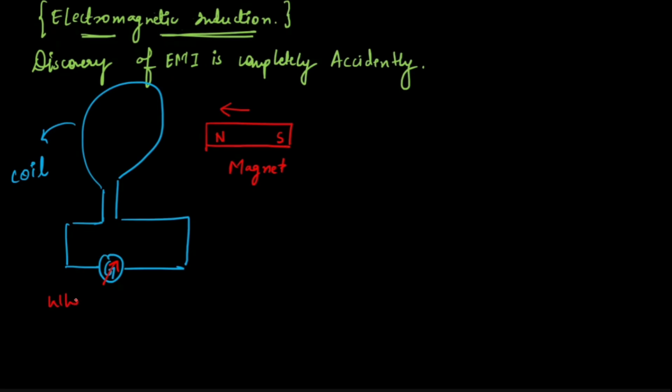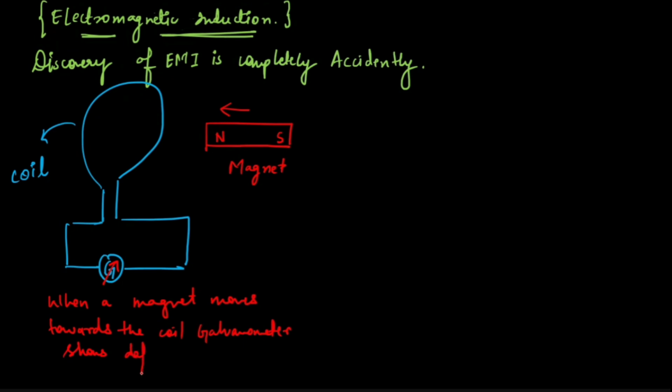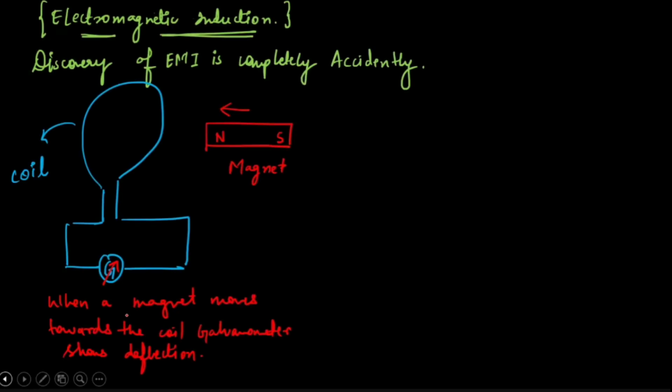When a magnet moves towards the coil, the galvanometer shows deflection, which is evident to the fact that there must be some current in this loop.